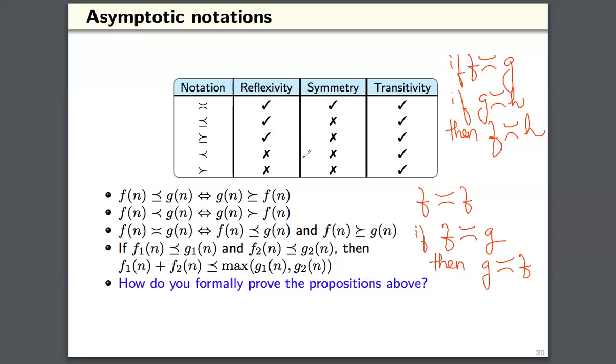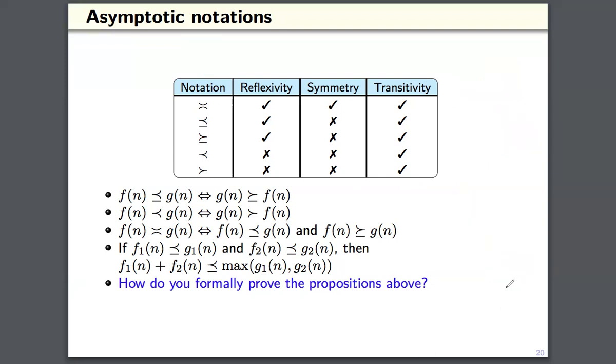Similarly, you can define many other relations like this. Go over this and try to prove them rigorously using the definitions, the set definitions and the limit definitions. And there are many more. F of n is less than or equal to g of n is the same as g of n is greater than or equal to f of n.